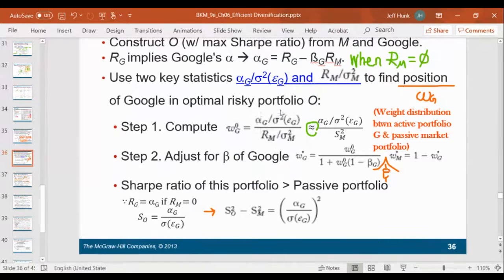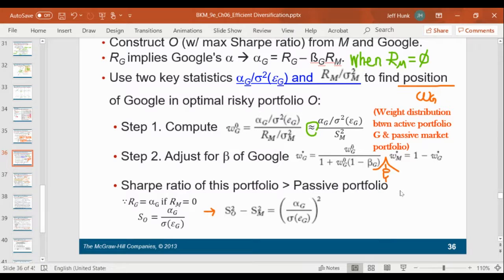And I told you this is basically the ratio of two Sharpe ratios, the Sharpe ratio of Google and the Sharpe ratio of the passive portfolio. And of course, the Sharpe ratio of this portfolio should be greater than the passive portfolio.